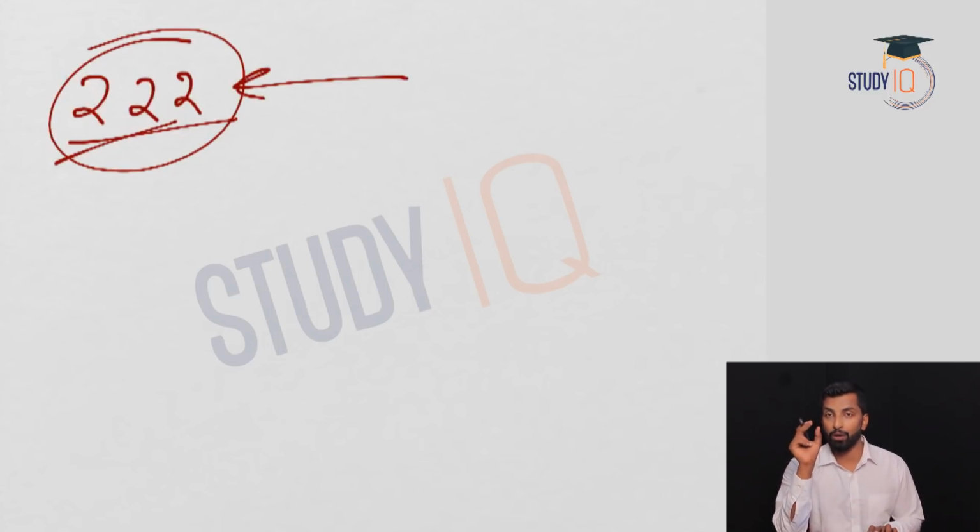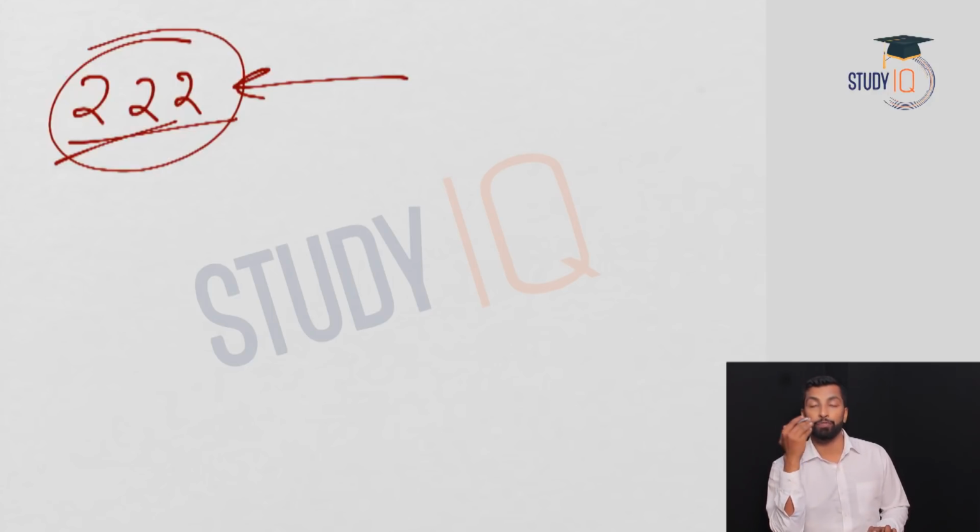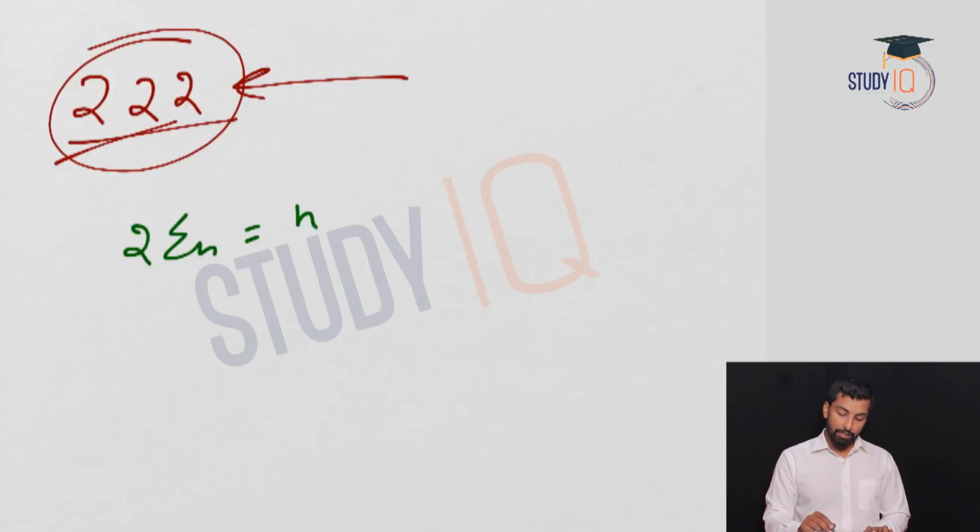Okay. So 222 is what? You are trying to find out sigma n, but mistakenly you got 222 by adding one page. This is actually a number which is close to a sigma n number. So we need to find the nearest sigma n number and take the difference. We know 2 times sigma n is equal to n square.